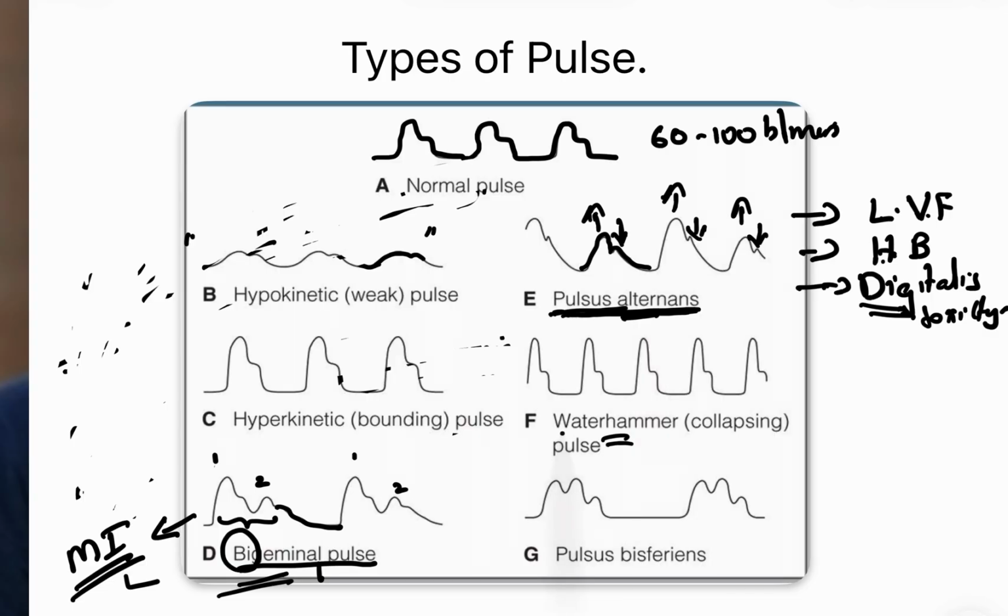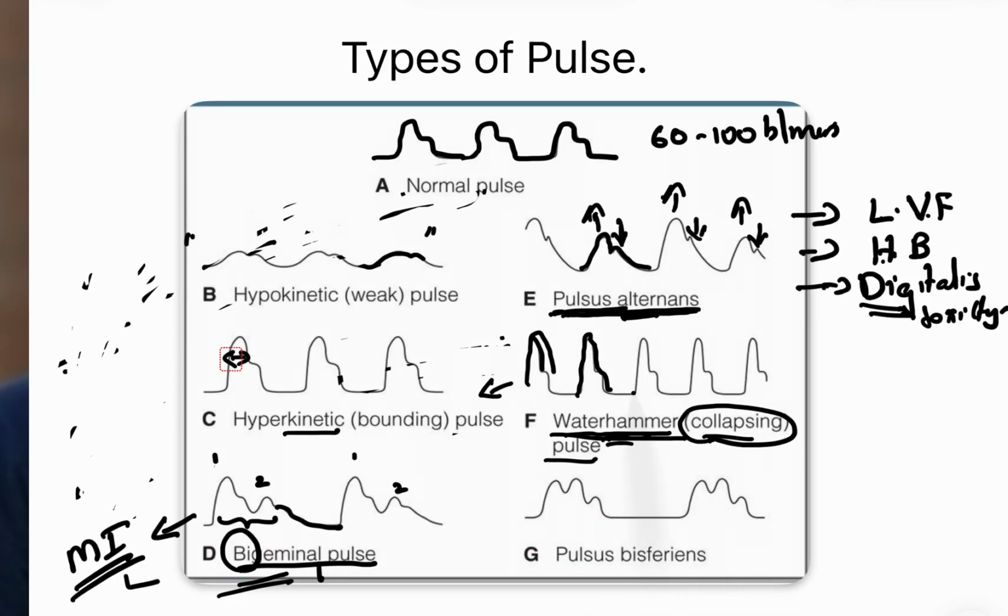Next one is the water hammer pulse or collapsing pulse. Water hammer pulse is similar to the bounding pulse, with a forceful, rapidly increasing pulse. You see the time between this graph here. It is a bounding pulse, rapidly increasing and subsequently collapsing. Whenever you hear the term water hammer, remember the term collapsing.